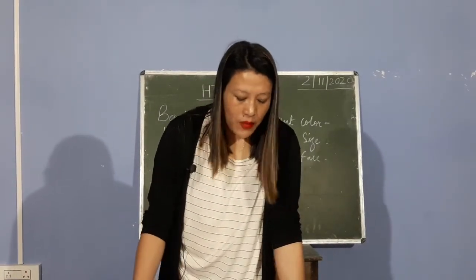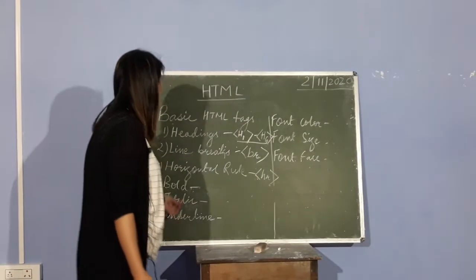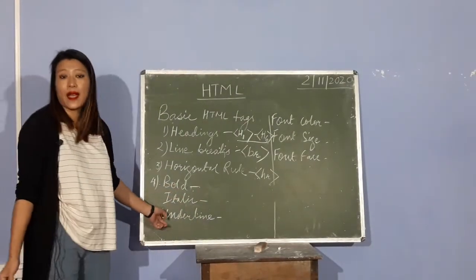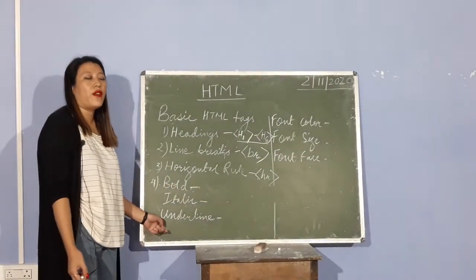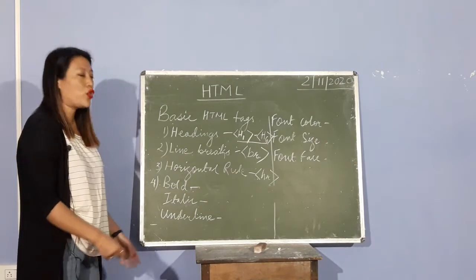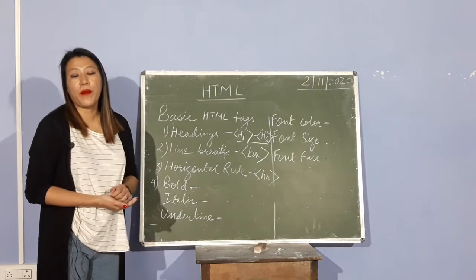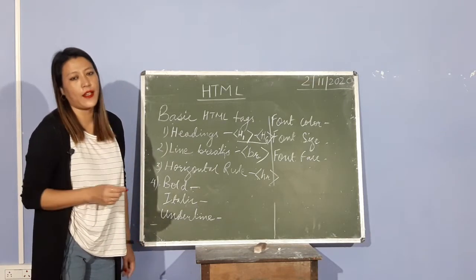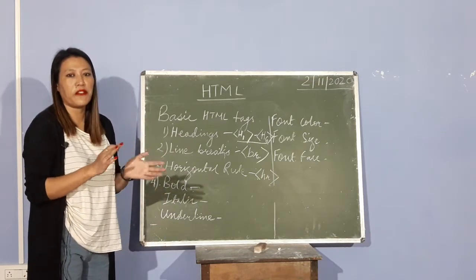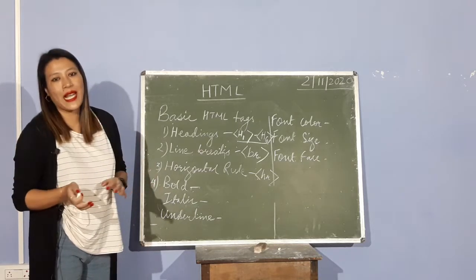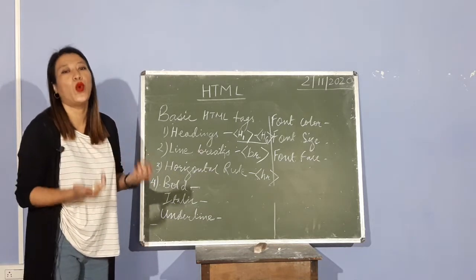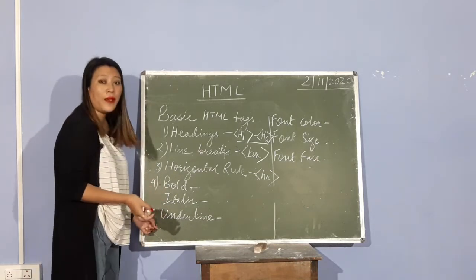Now comes the tags bold, italic and underline. In HTML, whenever you are making a web page, if you want to format your text, if you want to underline your text, or give certain formats like italic, or make your text bold, then you can use these three tags.